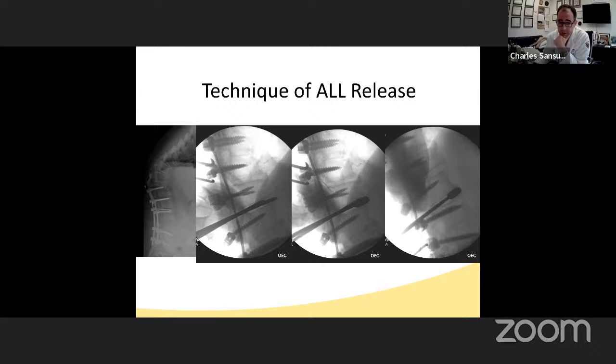If the need for substantial correction is present, you can sequentially dilate the ALL to the point where it actually stretches to the point where it snaps and is completely released. But we generally aim to dilate it for patients who have intact ALLs.